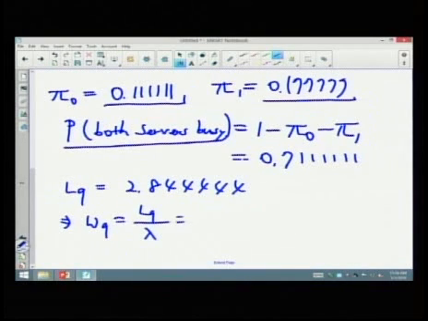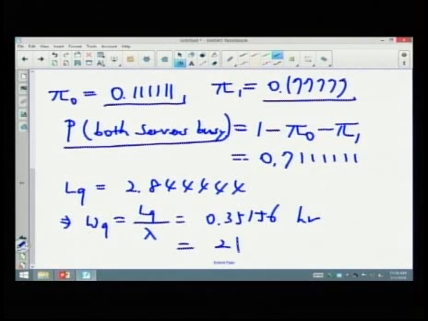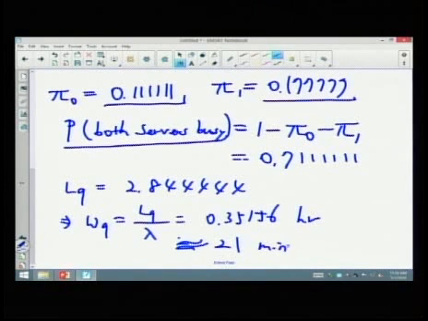That's going to be 0.35156 hour. That's going to be about 21 minutes, approximately 21 minutes. Okay?